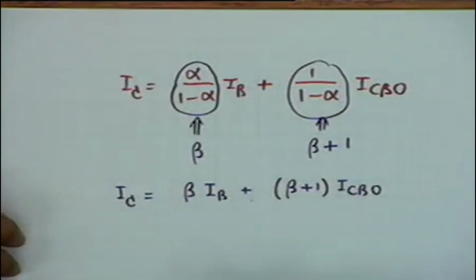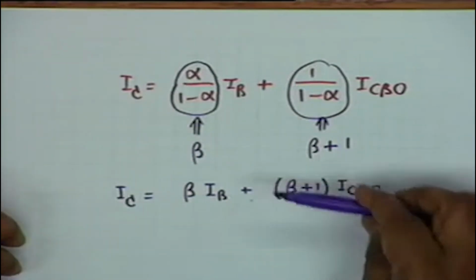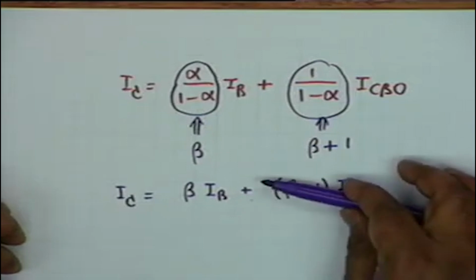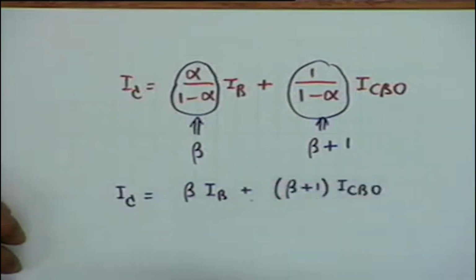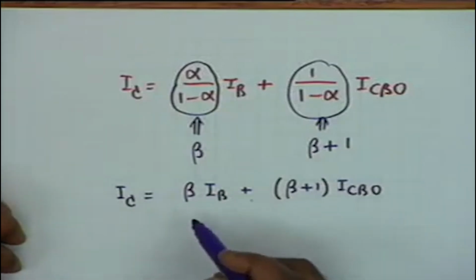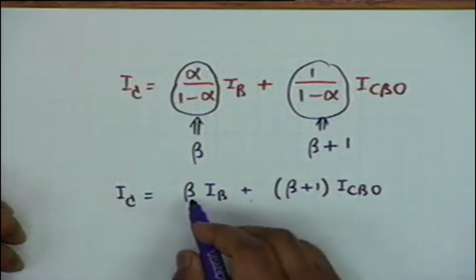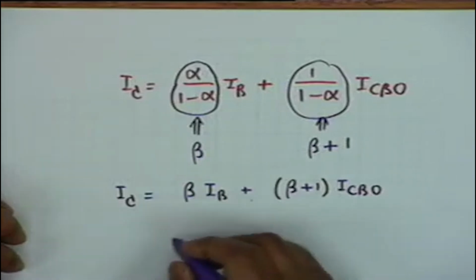If you ignore the ICBO term, that is the reverse saturation current term, then you see that the collector current is exactly proportional to the base current, and the proportionality constant is beta. This is why beta is called the current amplification factor under the common emitter connection. Beta can be much larger than unity.